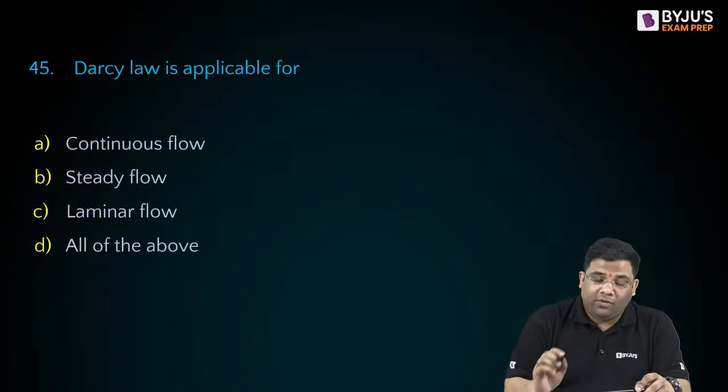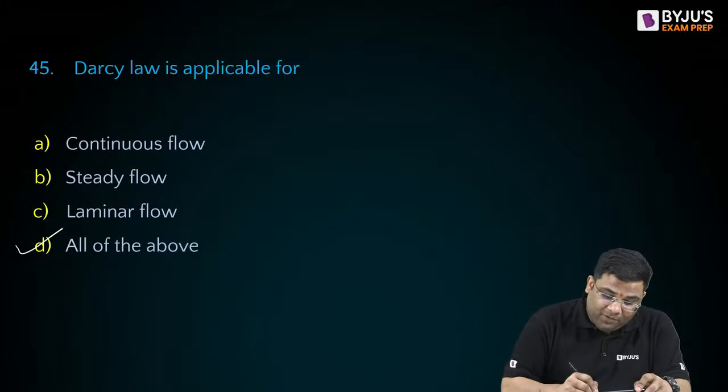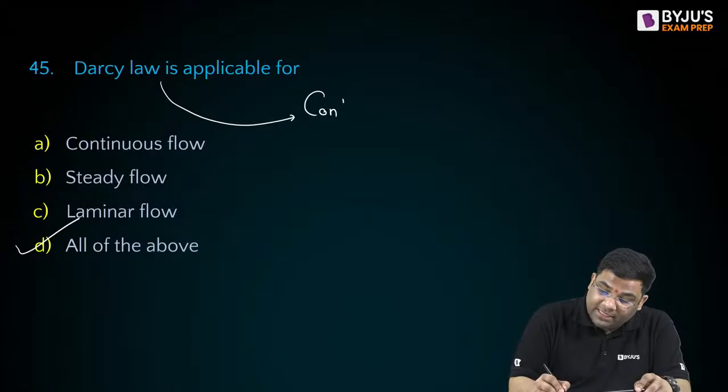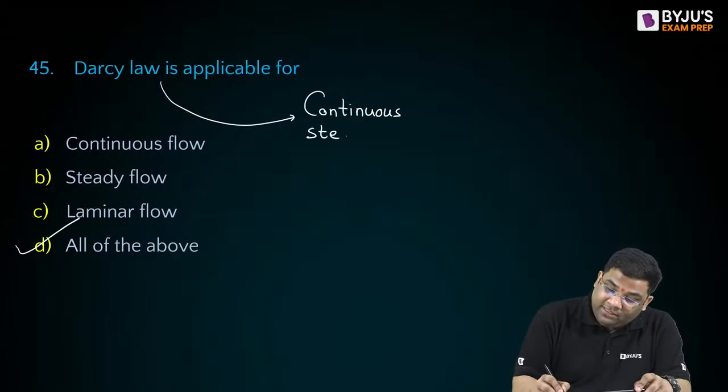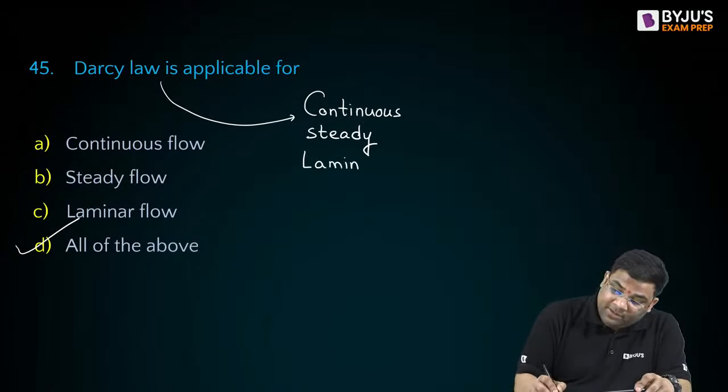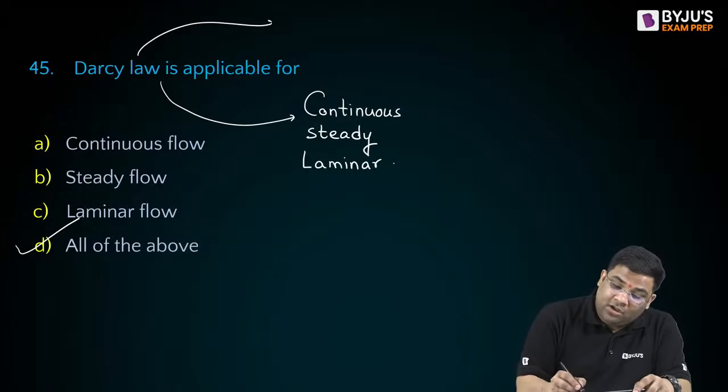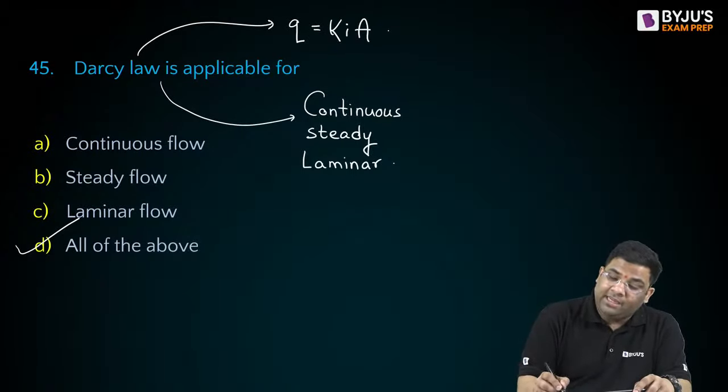It is applicable for, very important, all types of flow. Darcy's law is applicable when the flow is continuous, steady and laminar. All three conditions are important. Remember this condition, okay? They might ask you a question. What was Darcy's law? Yesterday we saw it in our GATE class, V equals K i A.